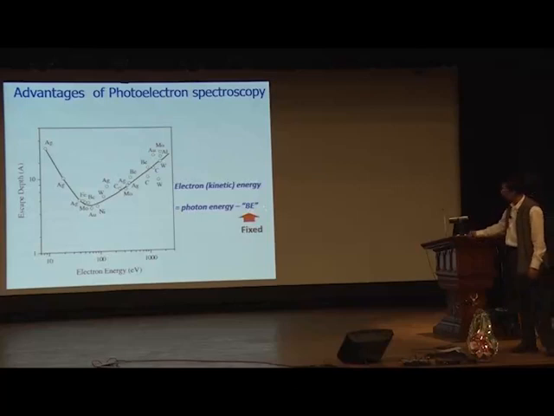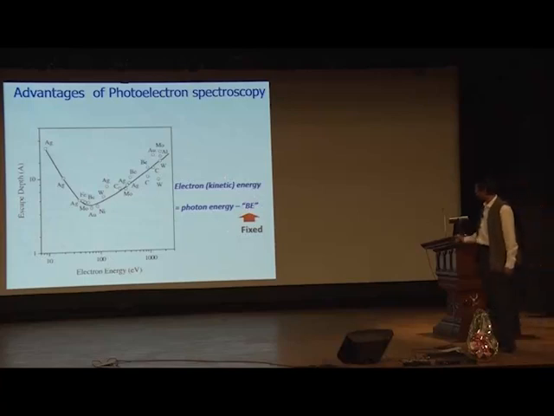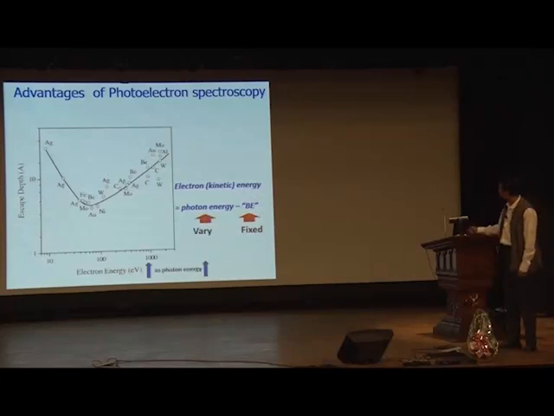Now, the binding energy is, of course, fixed. That's the property of the element and its oxidation state and chemical environment. So it's very characteristic of the material. You can find out what element is there and in what oxidation state, and that's fixed. But you can vary the photon energy. When you vary the photon energy, you are varying the electron kinetic energy.